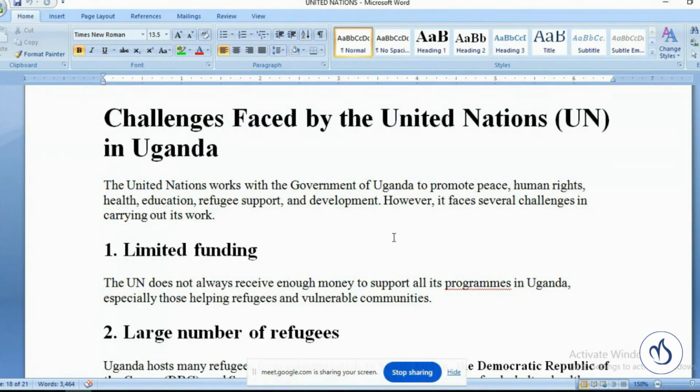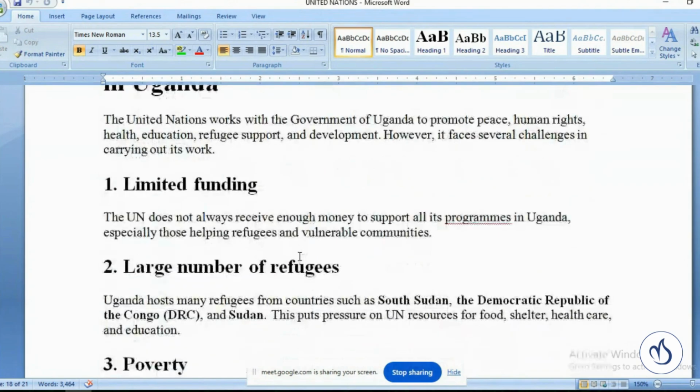Number one, we have limited funding. What you should know is that the UN, as an organization, gets money from its member states. So it does not always receive money to support. Sometimes there is what we call limited funding. The UN does not always receive enough money to support all its programs in Uganda.